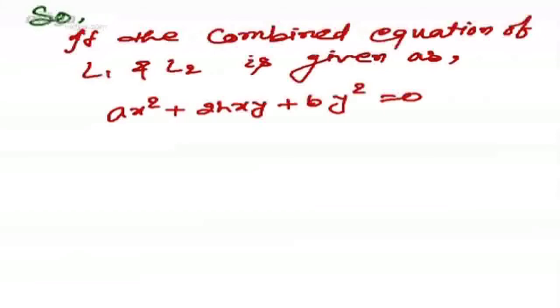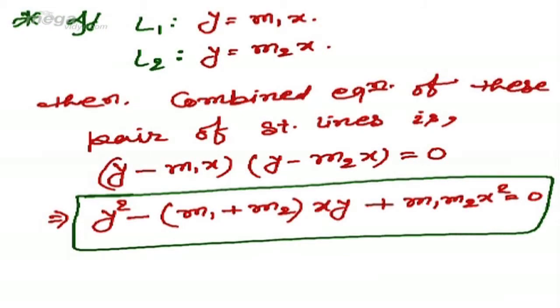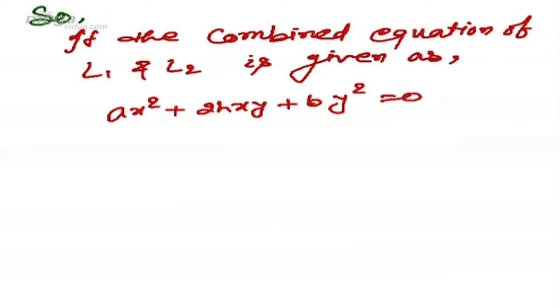To get this relation, we will write this equation in this form. That is, we will make the coefficient of y square here 1, so we will make here also the coefficient of y square as 1. So we will divide the whole equation by b.